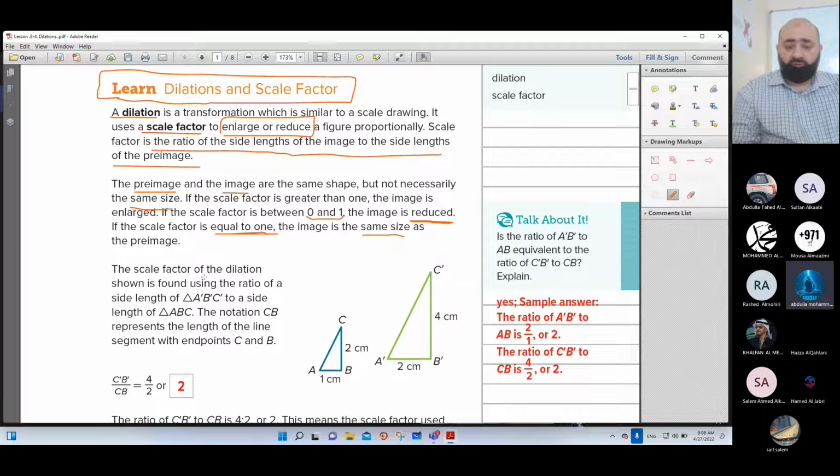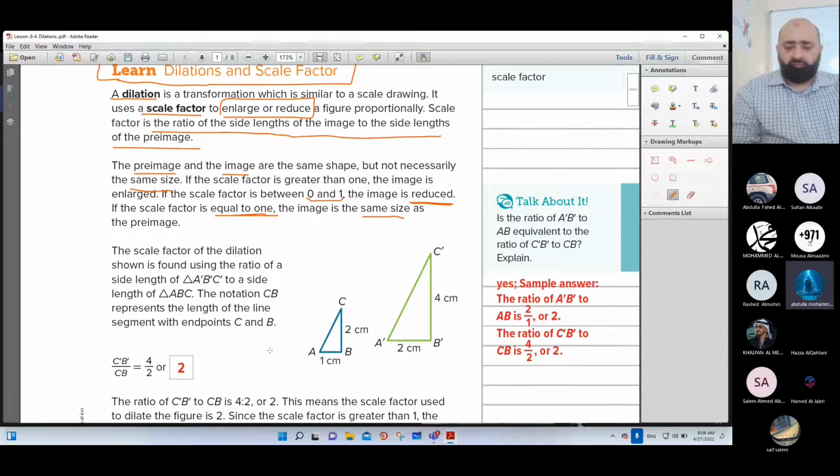The scale factor of the dilation shown is found using the ratio of the side length of triangle A prime B prime C prime to a side length of triangle ABC. The notation CB represents the length of the line segment with points C and B. Look at this example.